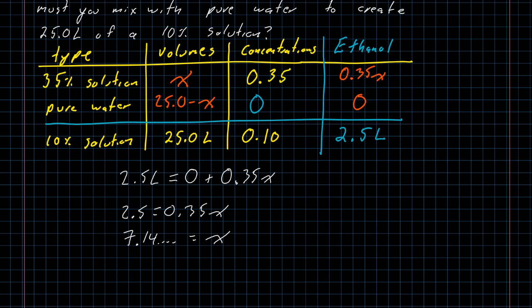I haven't been paying close attention to significant digits, but I guess that for the most part, I have 2 significant digits on a lot of things. So probably 7.1 liters is the best reporting that I can have here.